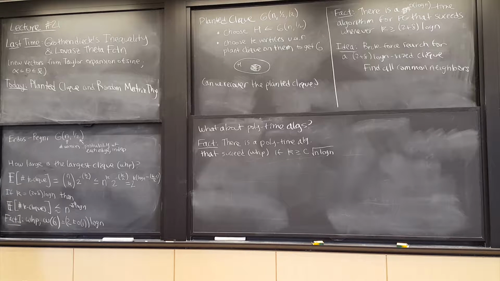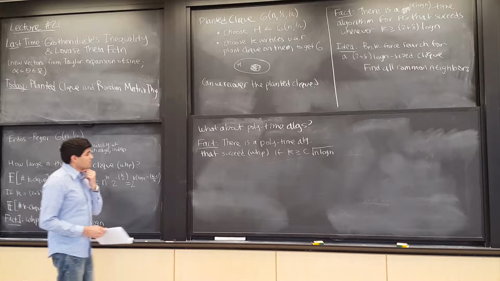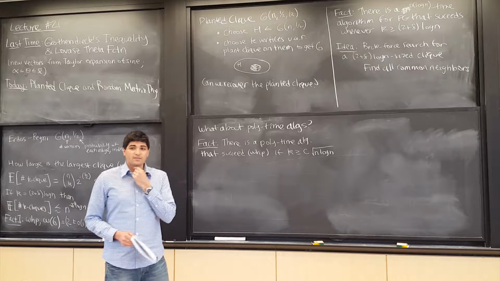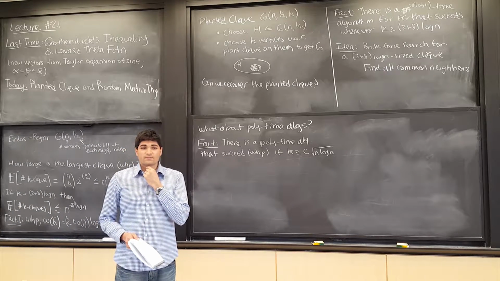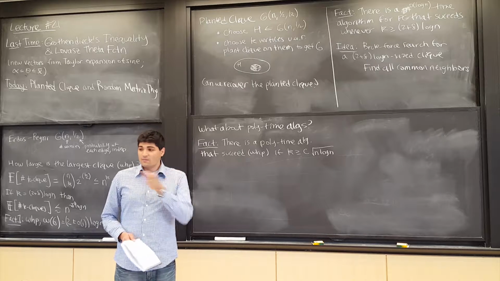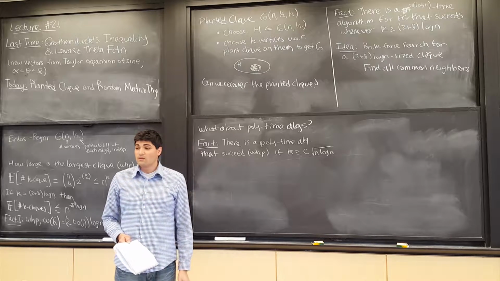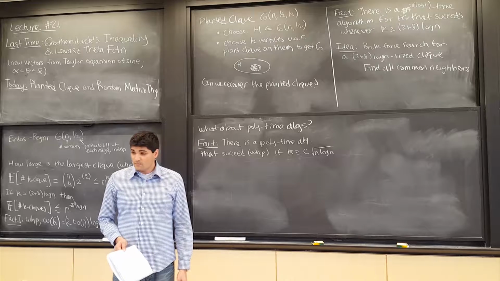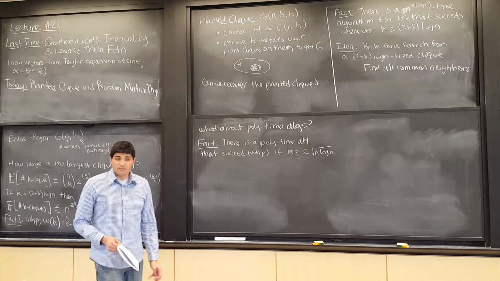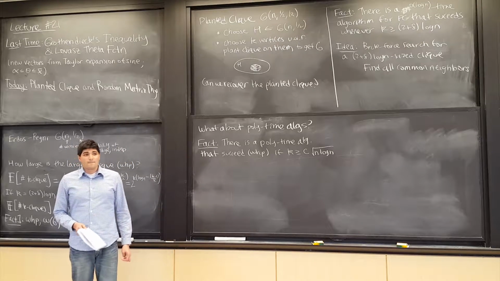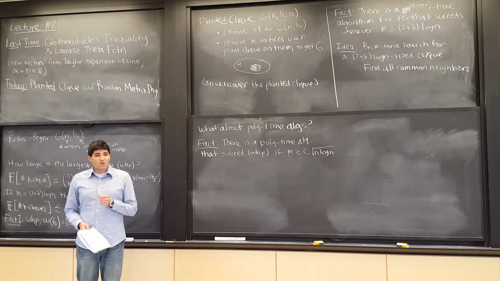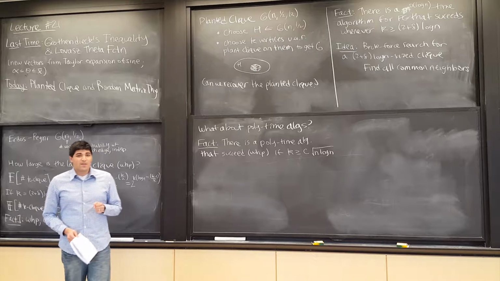So does anyone have any ideas for something that could work for planted cliques of about root n size? Because isn't that higher than the number of edges we would expect coming out of a random node? No. Not quite. Let me ask it this way.